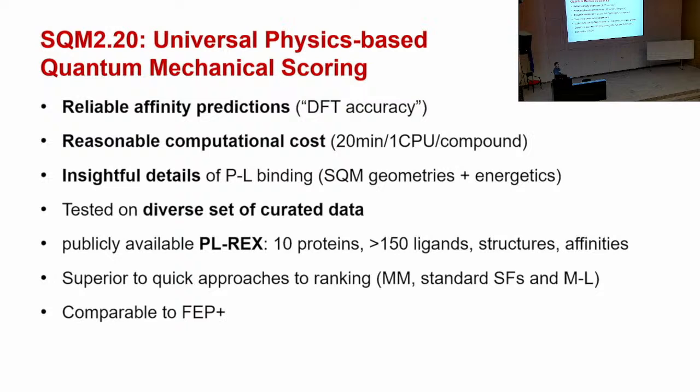The SQM geometries, which are also part of the PLREX data set to be downloaded, can give you really information on these binding modes, what non-covalent interactions are important. And we have now tested it on other data sets like this FEP Wang data set.